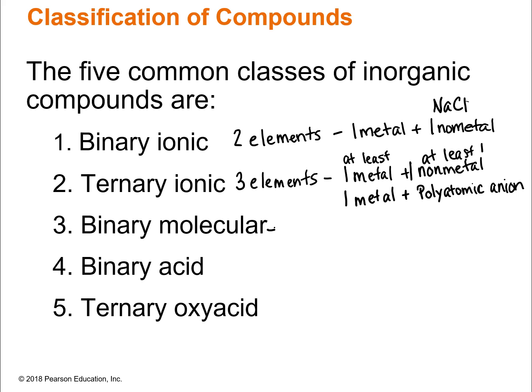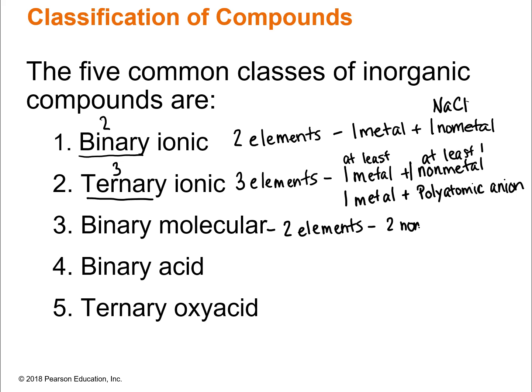Binary molecular compounds have 2 elements. So whenever you see the word binary, think 2. Whenever you see ternary, think 3. So for binary molecular compounds, you're going to have 2 elements.